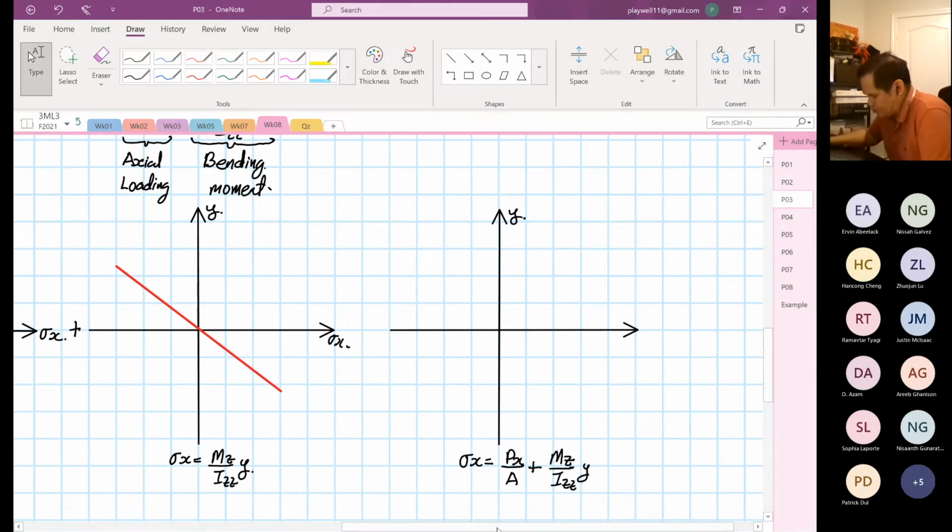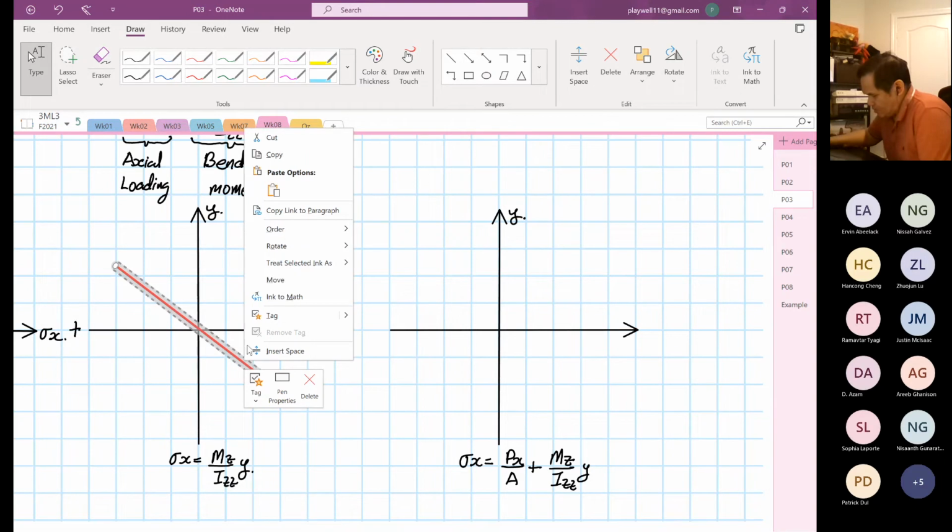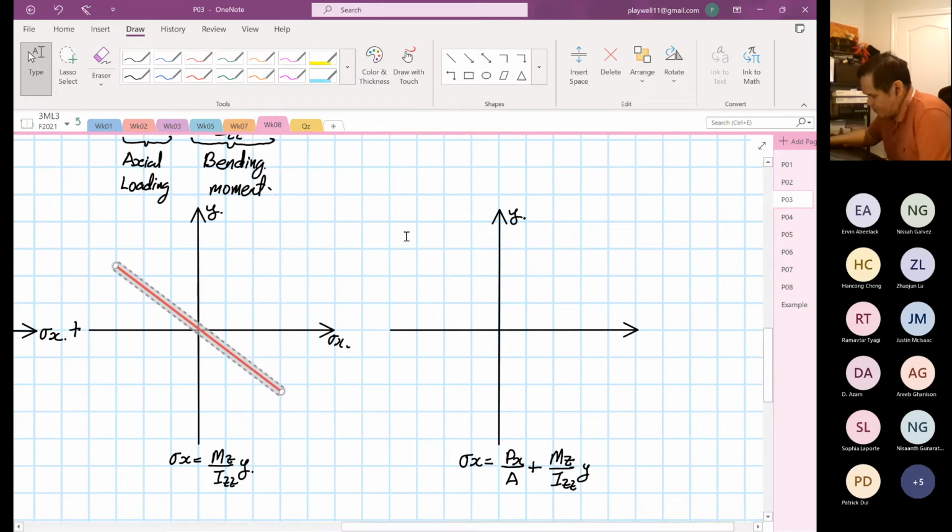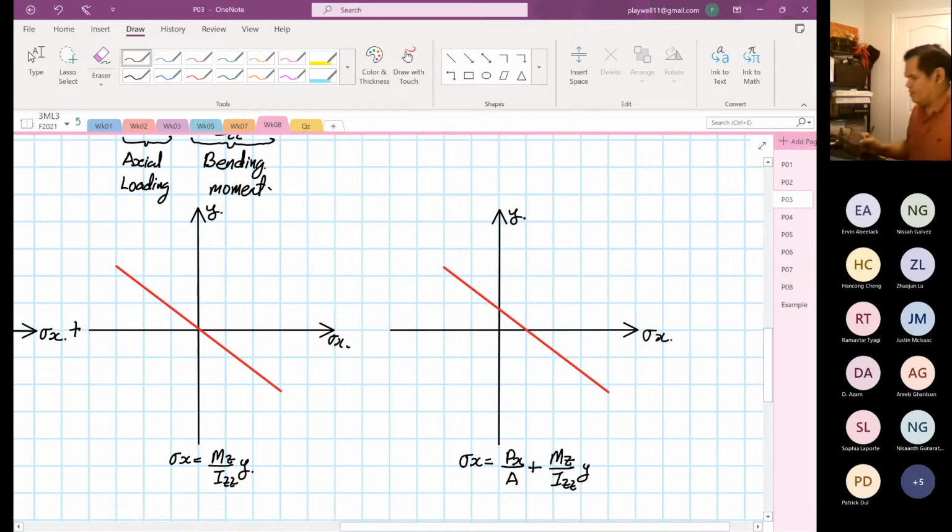All I need to do now is copy this, come here, and paste. Now this is our result. This is stress x. Now this is where it's critical to know.